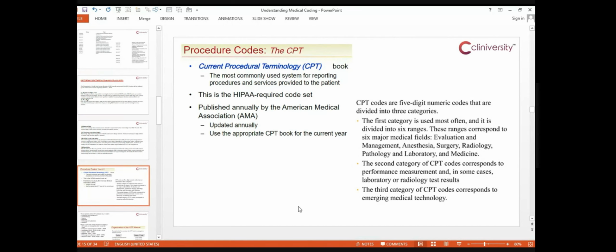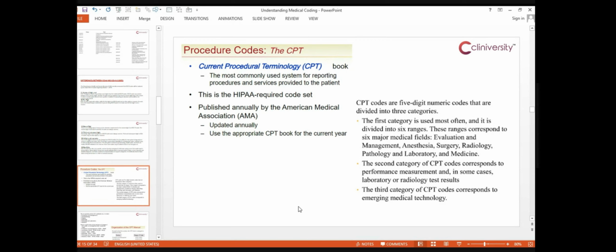The first category has 6 ranges, and these ranges are evaluation and management, anesthesia, surgery, radiology, pathology and laboratory, and medicine. These are the 6 medical fields covered under the 6 ranges of the first category of CPT codes.